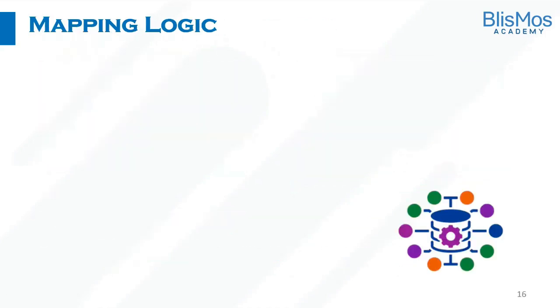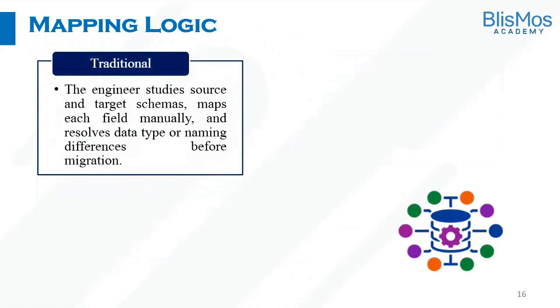As I already said about the mapping logic, there are two aspects here. A mapping document will be created as a part of the requirements in data engineering. But as a part of the transformation, you also create the mapping logic. The way data engineers do it is they study the source and target schemas, map each field manually, and resolve data type or naming differences before the migration.